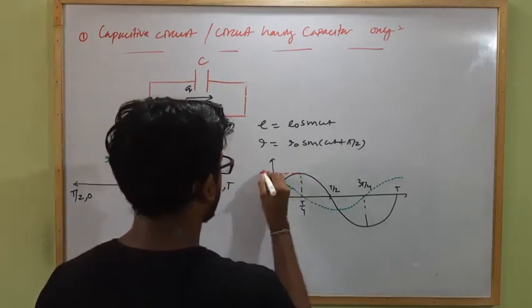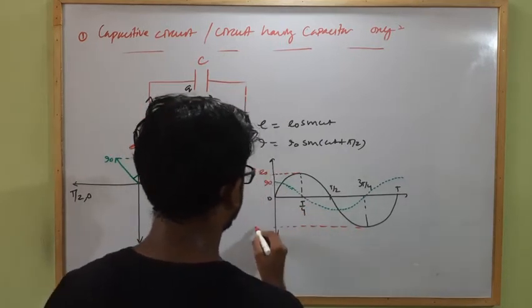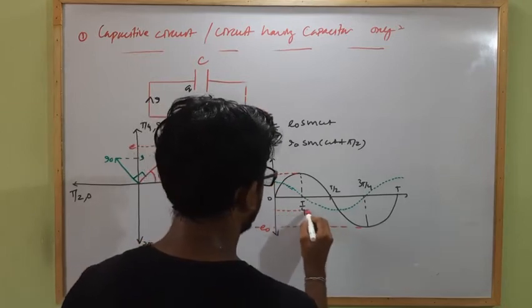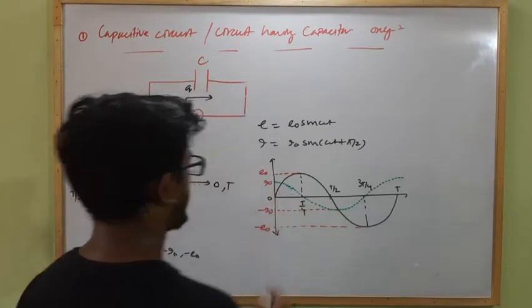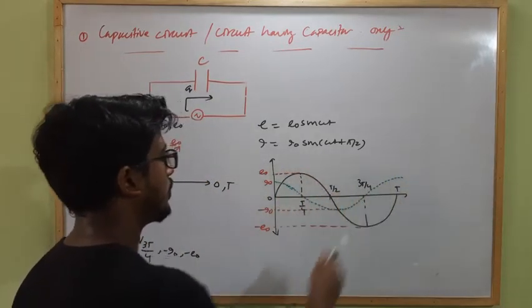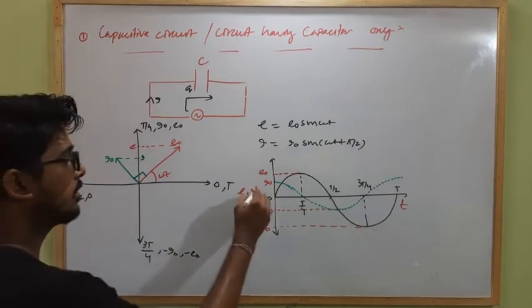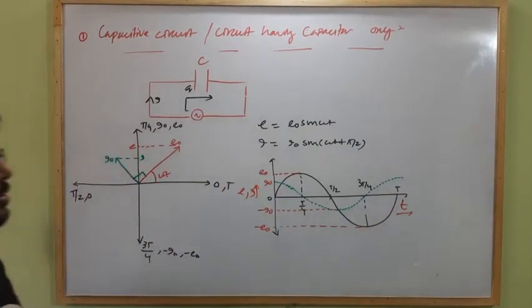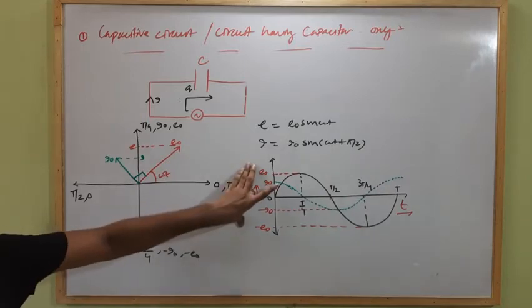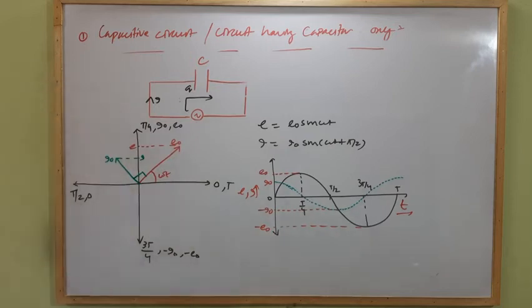Here it is E naught, this is I naught, here this is minus E naught, minus I naught. Clear? This will be the graph for alternating current and this will be the wave graph for alternating EMF. Here it is T, here it is E and I. Clear? This will be the wave diagram for the alternating EMF and alternating current in a capacitive circuit, and this is their phasor diagram. Clear?